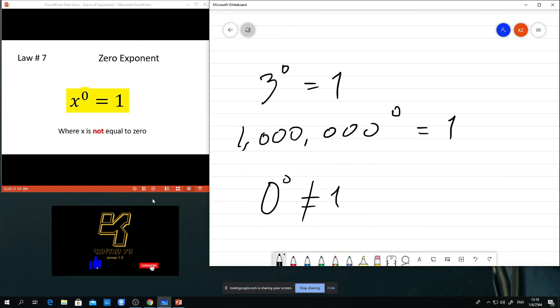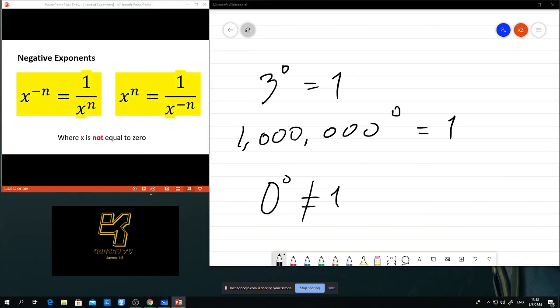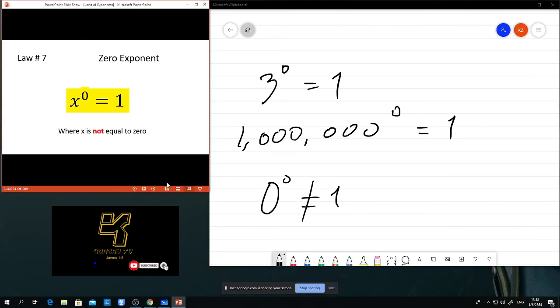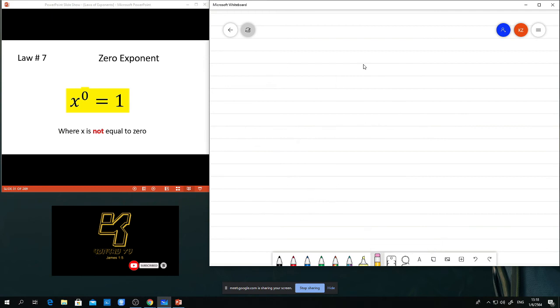Okay, next one. So I think I don't need to give more examples about this. I will give only one. For example, 4 to the power of 0 plus 3 to the power of 0 plus 9 to the power of 0.